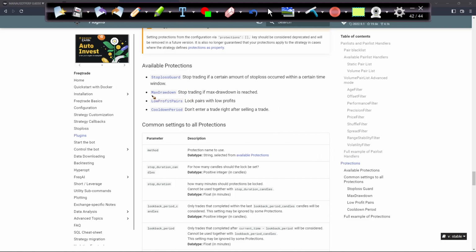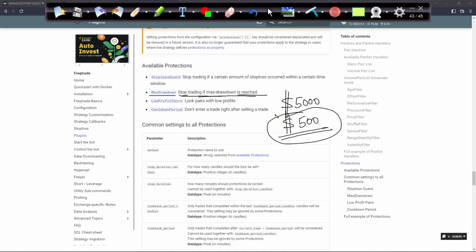Now we have Max Drawdown here, which stops trading if the maximum drawdown is reached. So if we have a $5,000 account, we can set the maximum drawdown to be $500. If it reaches $500 drawdown, then it will stop the bot and it won't trade, and it will start again the next day.